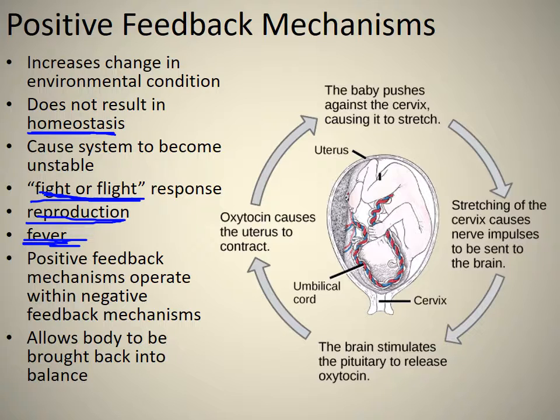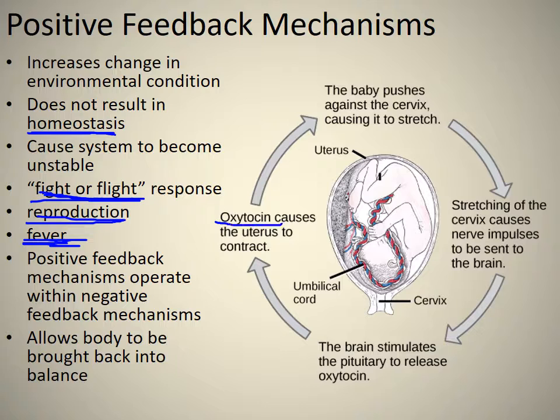The example I have for you here is a mother giving birth. Once the water's broken, the baby pushes against the cervix. The nerve endings in the cervix will send signals to the brain. The brain will stimulate the release of oxytocin.